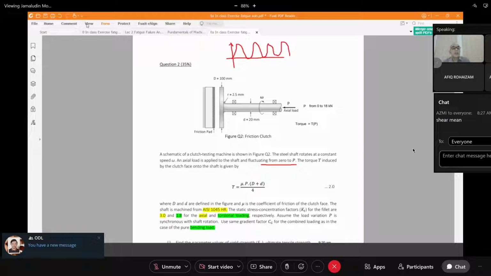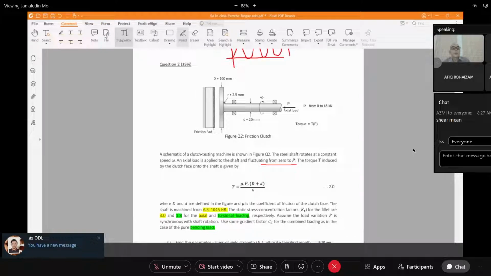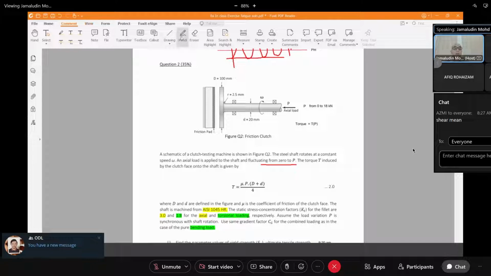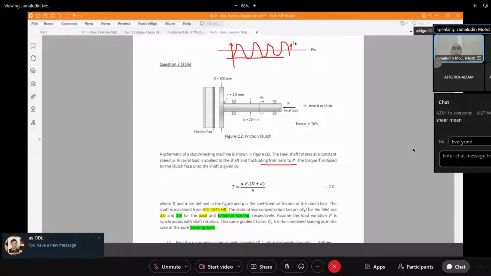All right. They have one mean in the middle, right? There's P mean here. P mean will be, and this one will be P alternating, right? That is PA, P alternating, and P mean.